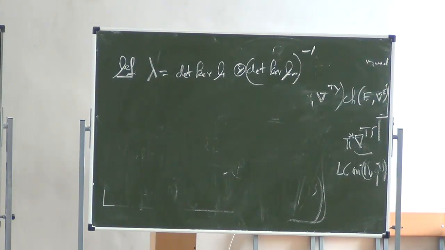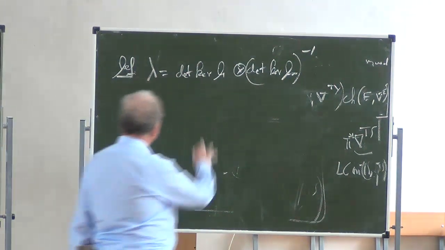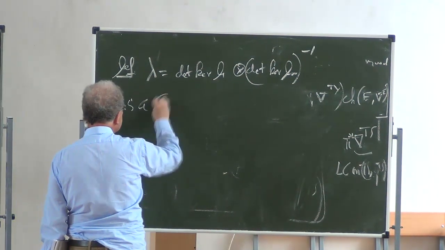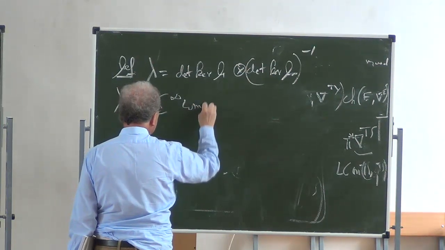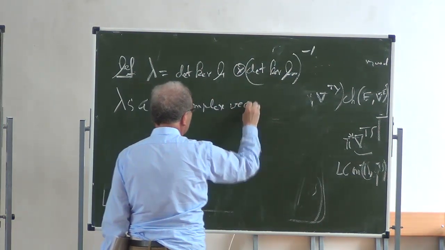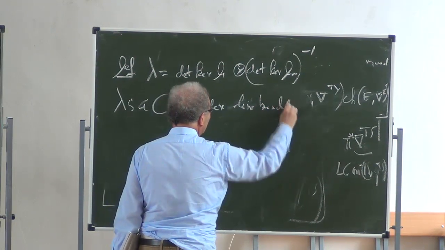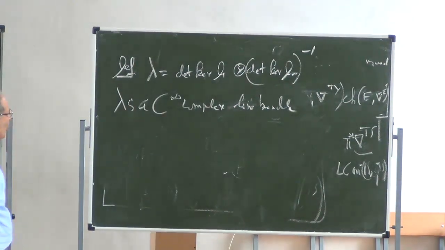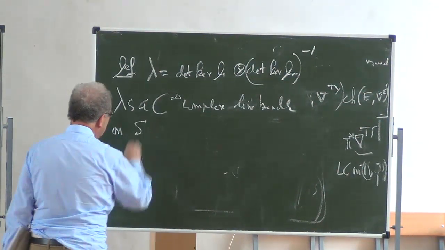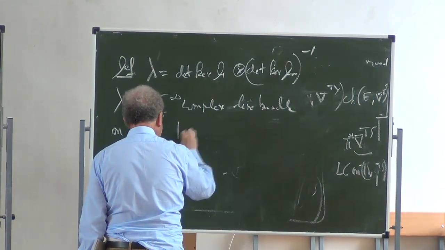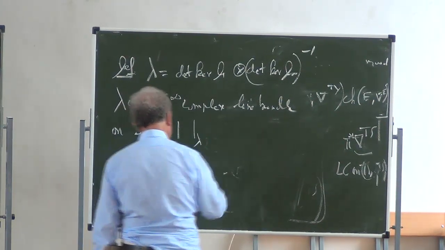Okay, so for the moment we have made the assumption that all these objects have locally constant dimensions, so that lambda is a C-infinity complex line bundle on the base S. And it is equipped with a metric, that I will call lambda.